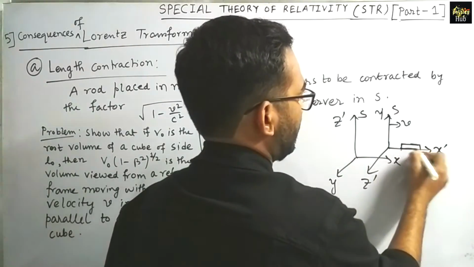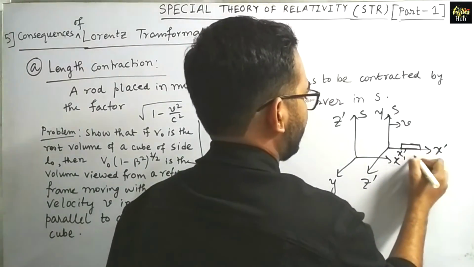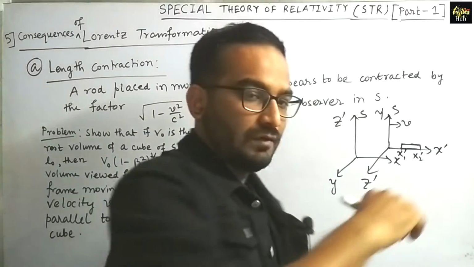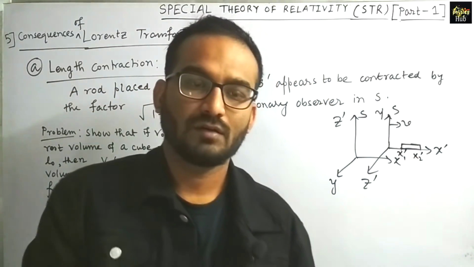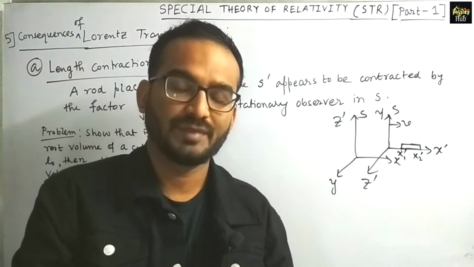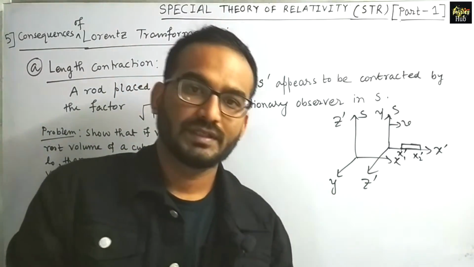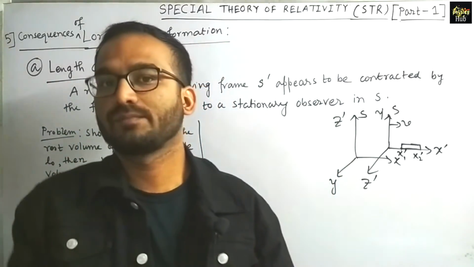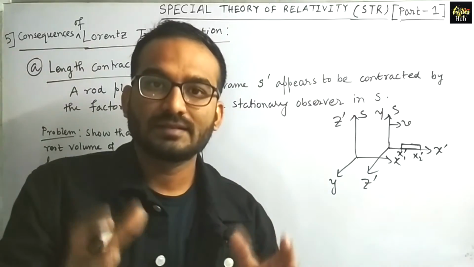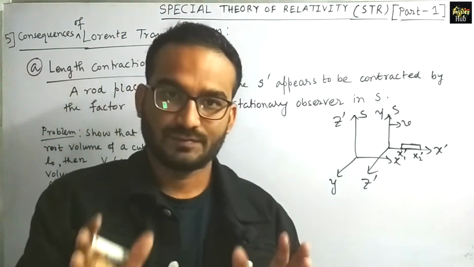This is the rod, and this coordinate is x1 prime, this is x2 prime. Now one term is there, proper length. Whenever you see the term proper, it means that particular quantity is measured in the rest frame. Proper time means time measured in the rest frame. Proper length means length measured in the rest frame.